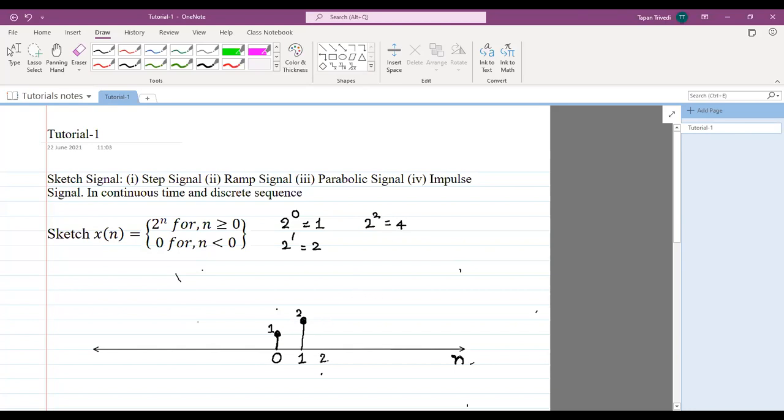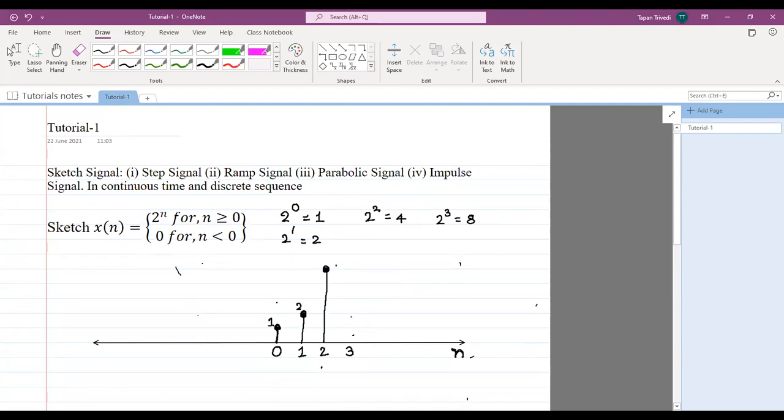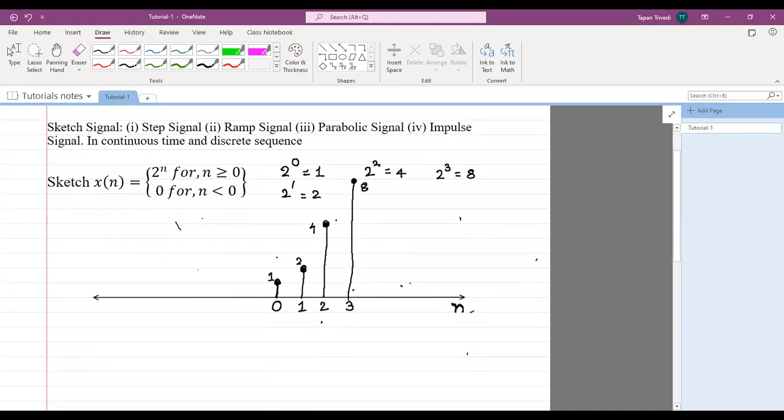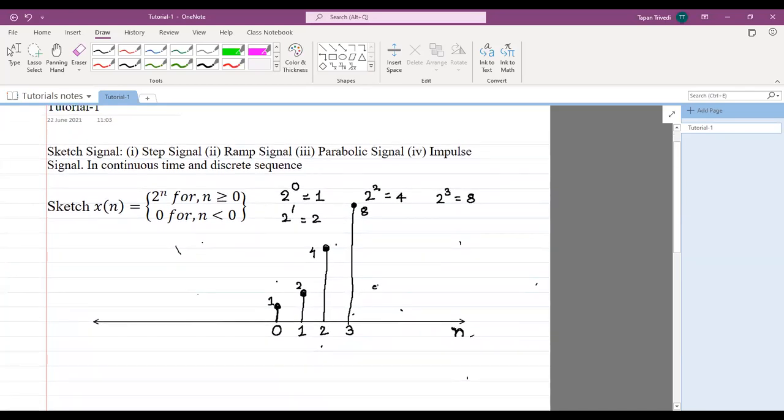So at 2 instant, you will get 4. And at 3, 2 raised to 3 is equal to 8. So you will get some value here, 8. And after that, you don't need to draw it because it is an infinite function. So you can put some dots here.